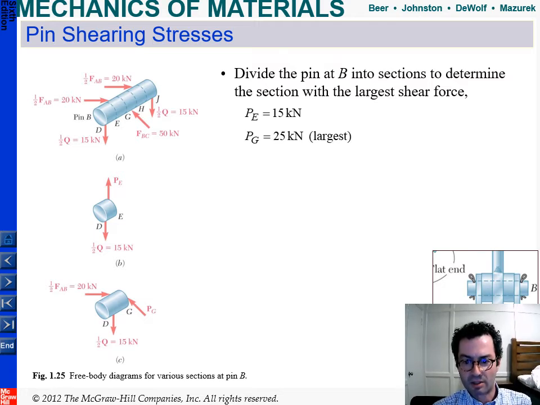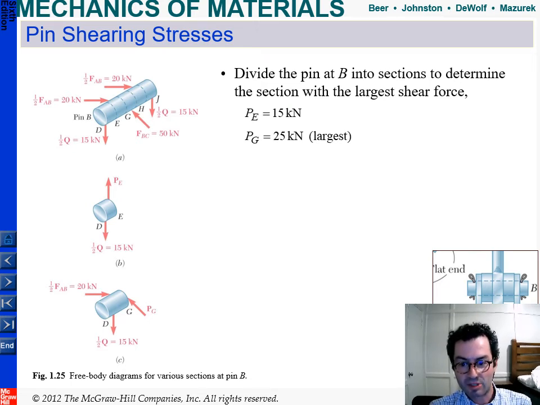And so let's examine pin B. In the center here, this is the end of the boom AB, the vertical one with a load of 50 kilonewtons. And here on either side of that, that is the double clevis coming from the horizontal member BC, and that had a total compressive force of 40 kilonewtons.